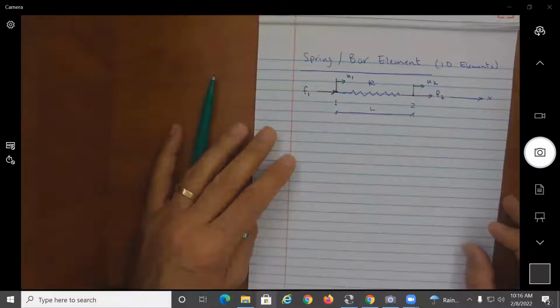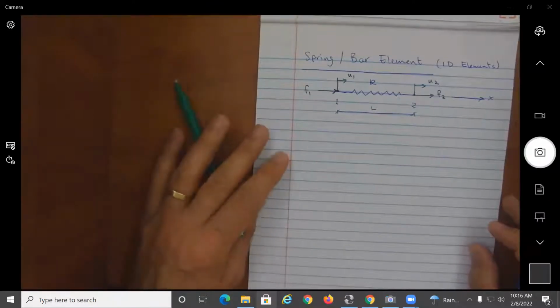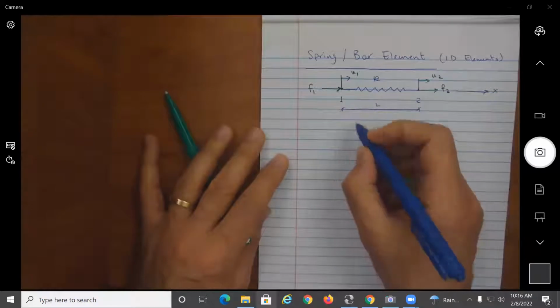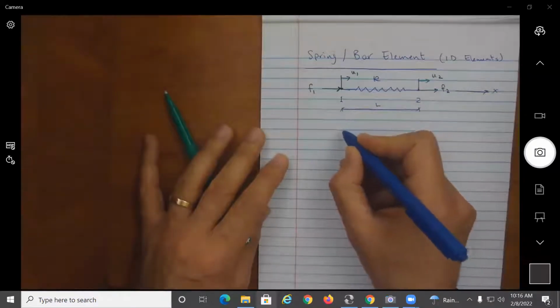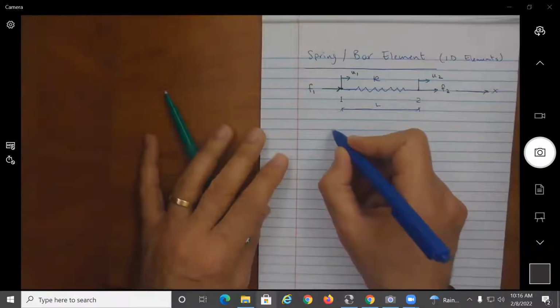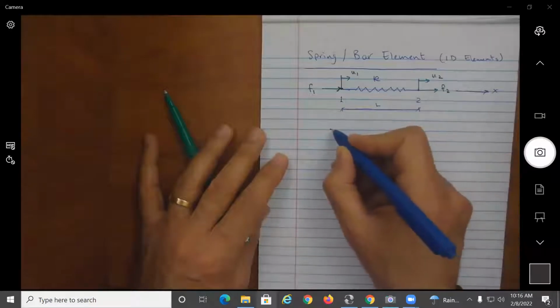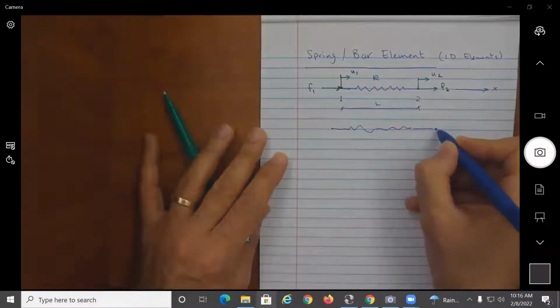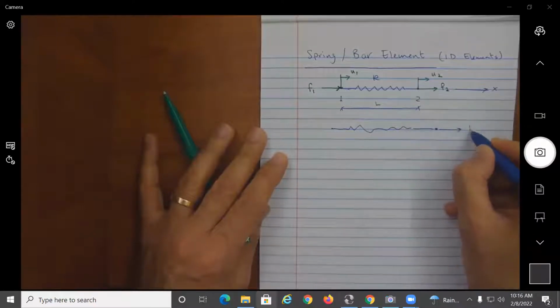From what we have learned about springs, they can be in tension or in compression. So let me put this spring in tension. What's going to happen to it? It's going to tend to elongate. And here this is under tension.